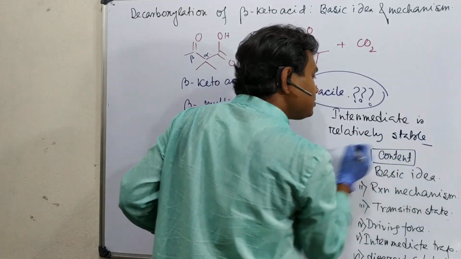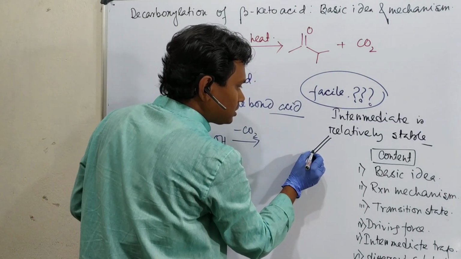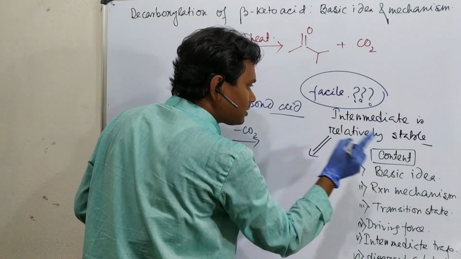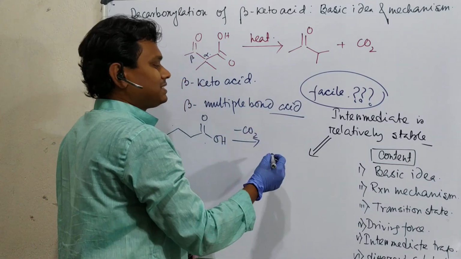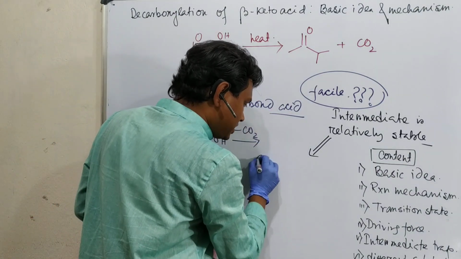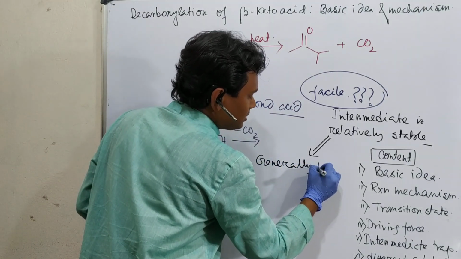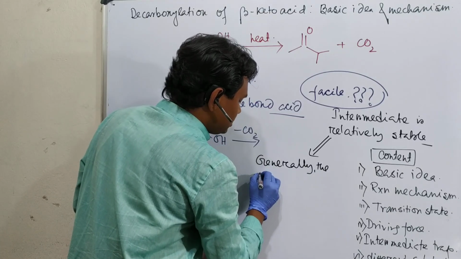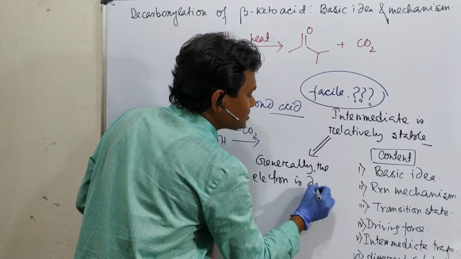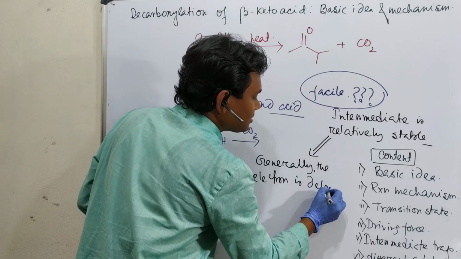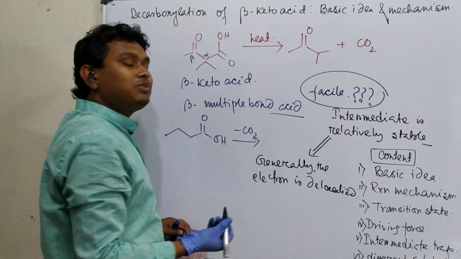So when I say the intermediate is relatively stable, one conclusion that comes is that generally the electron is delocalized, because delocalization means stabilization.